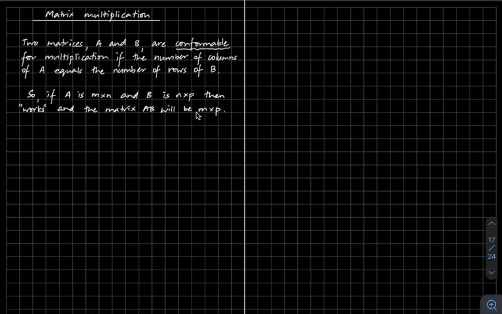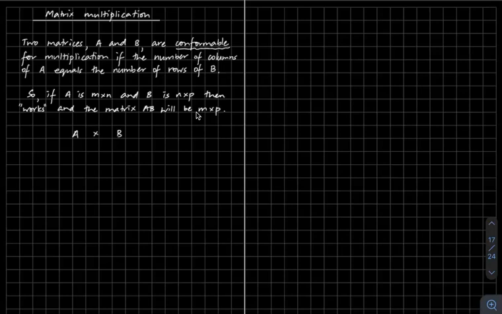So let's just write out what we're doing. A times B, and getting the resultant matrix AB. So let me write them here with their order.